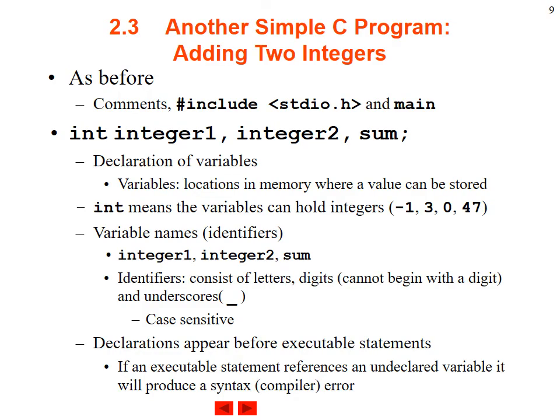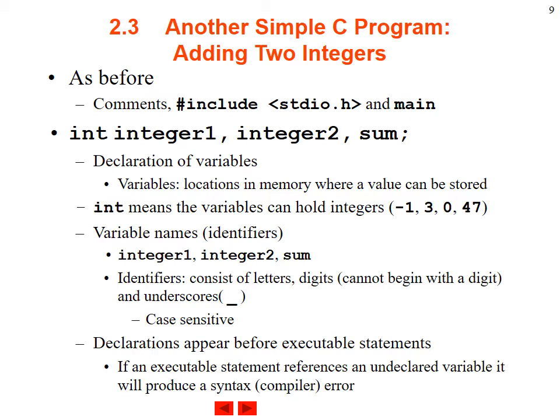So as before, stdio.h, integers 1 and 2 declared in the same line, right? So these are variable names or the identifiers which we talked about in the previous lecture.